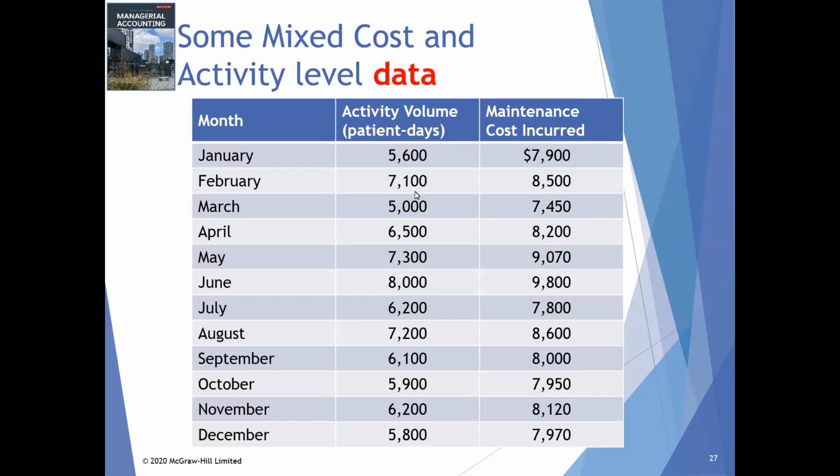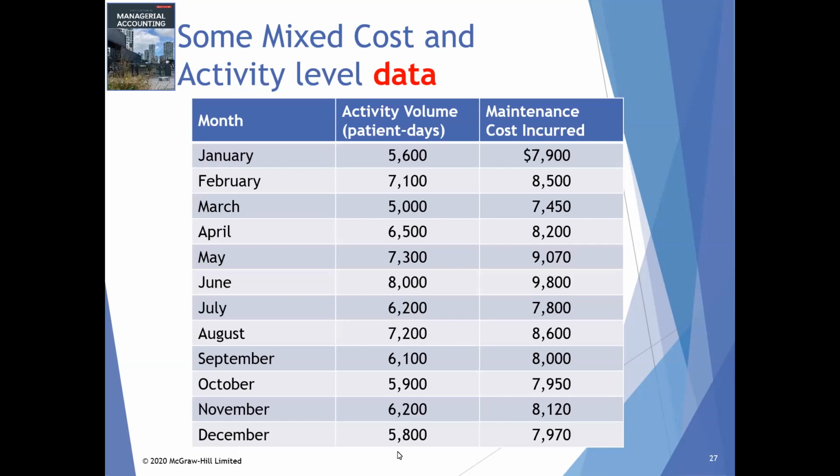As we can see, which is the highest one? If we look at the total volume, the highest is around 8,000. Above 8,000, I cannot find anything. And here in cost, 9,800 is the highest.